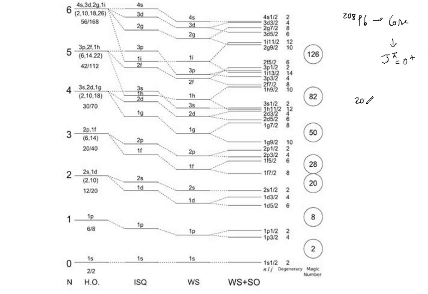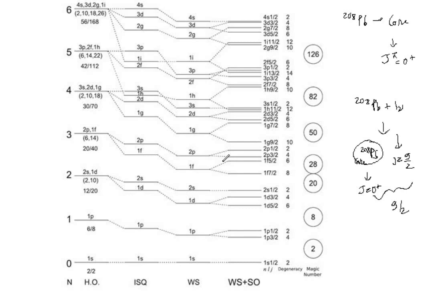So for 208 lead plus 1 neutron, I will think of the 208 lead as the core, which corresponds to J equal to 0 plus. And this last neutron goes to the J equal to 9/2 level. Now if you couple 0 plus with 9/2, you just get 9/2. Understand?